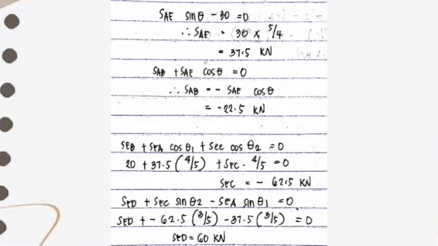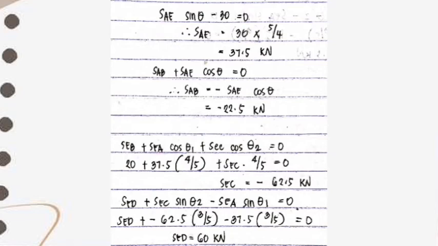Therefore, our SAB is equal to negative SAE cos theta equal to negative 22.5 kN. For SEB plus SEA cos theta 1 plus SEC cos theta 2 is equal to 0.